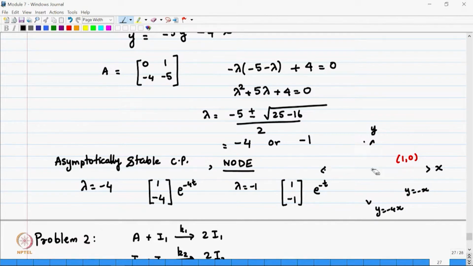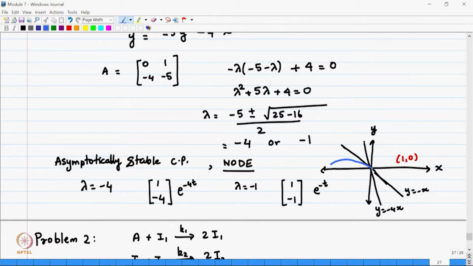So clearly it is y equal to minus x, and y equal to minus 4 x. So clearly it is the y equal to minus x that is going to dominate the behavior at long times. So what will the solutions look like? Suppose you start from somewhere, then eventually you will go to 0 along this.